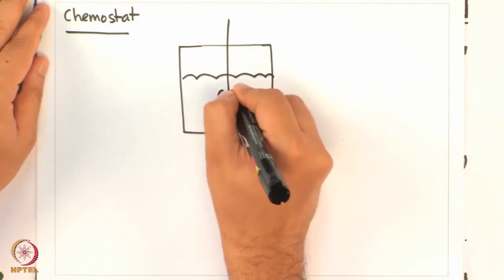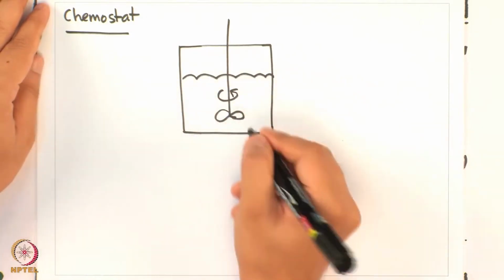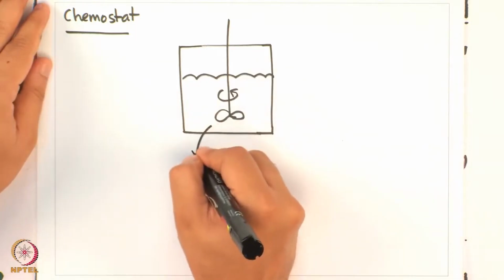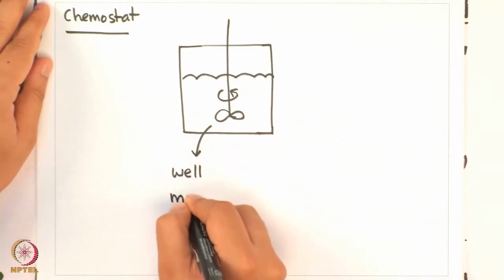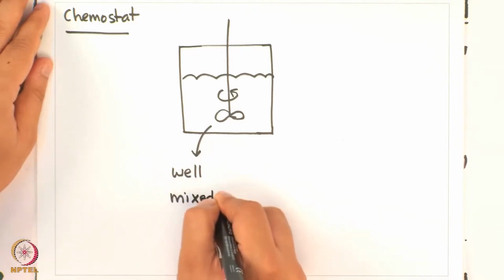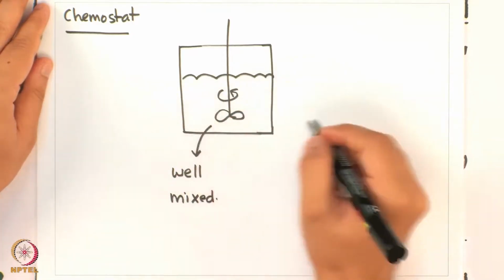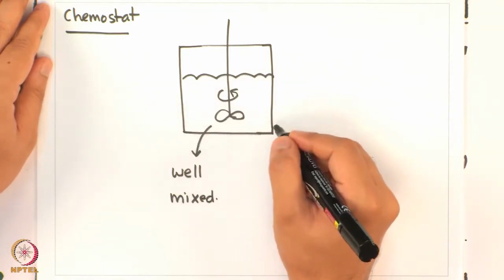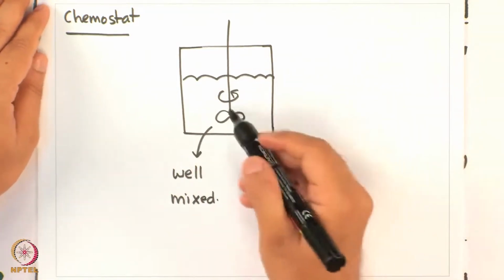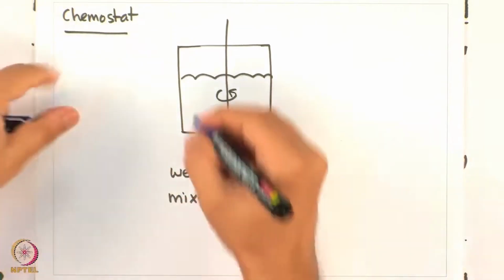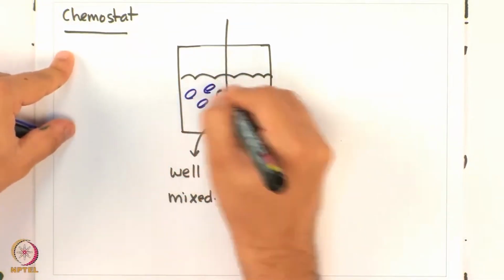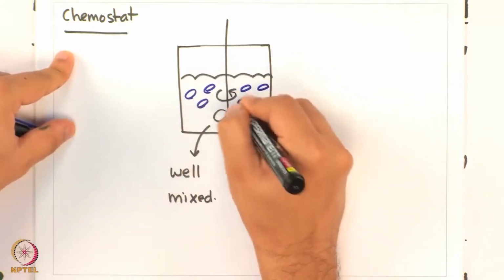What this means is that the contents of this reactor are well mixed, which means there are no spatial heterogeneities associated with concentrations. The concentration of every species and nutrient inside this reactor is constant everywhere, and you have bacteria growing in this environment.